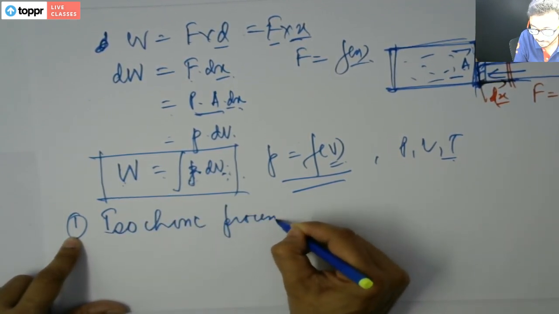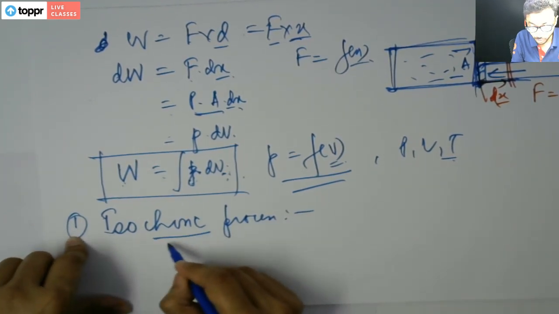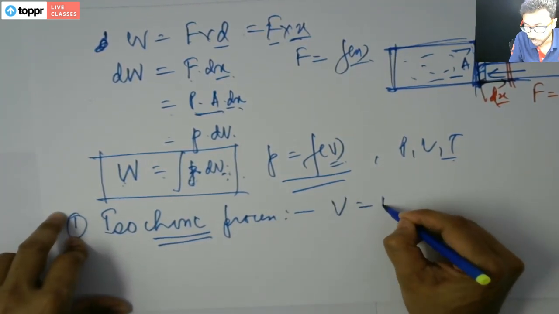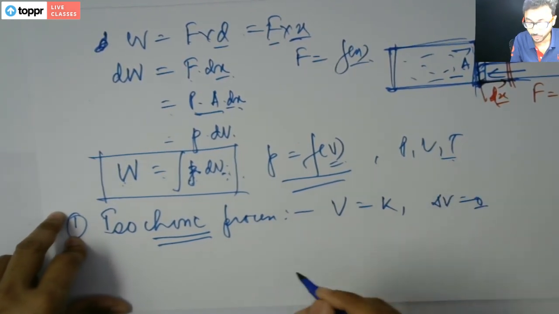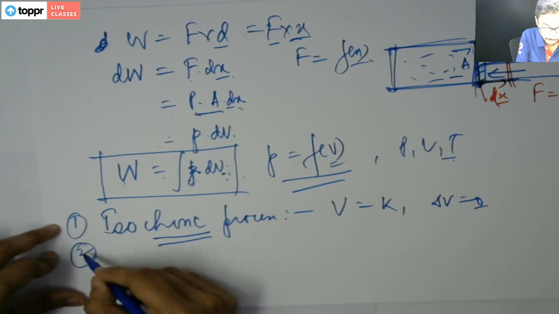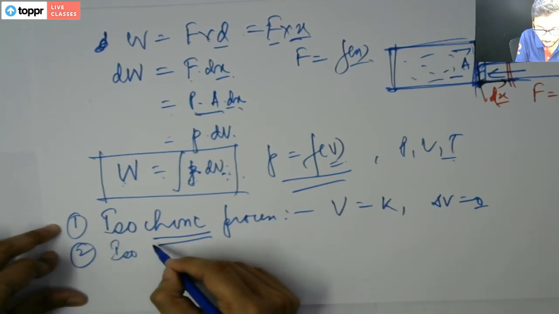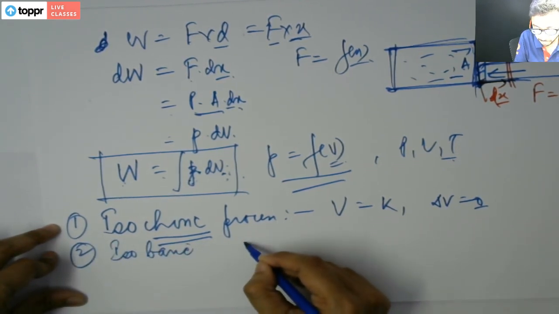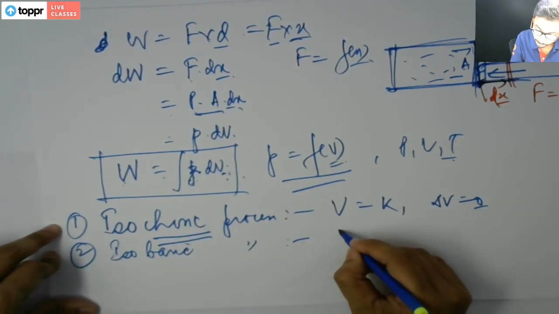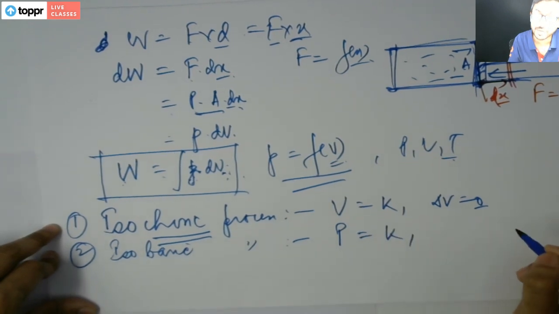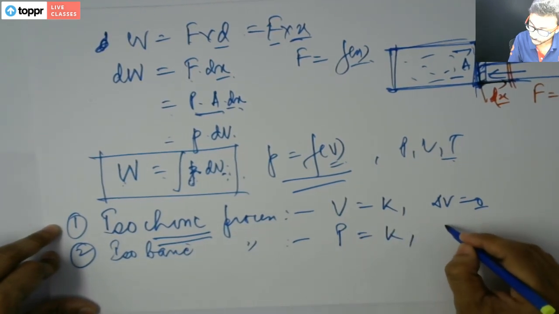Isochoric means when volume equals constant, that is del V equals 0. Then it is the isobaric process. Isobaric means when pressure equals constant, so no change in pressure.